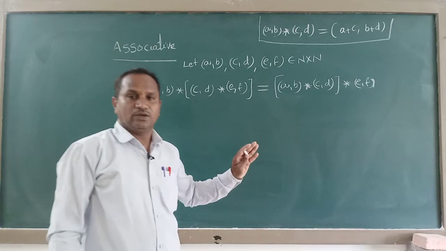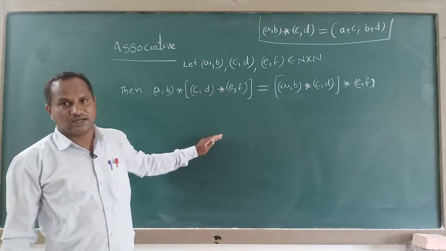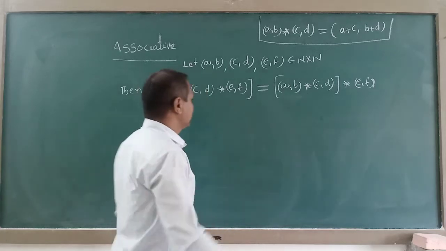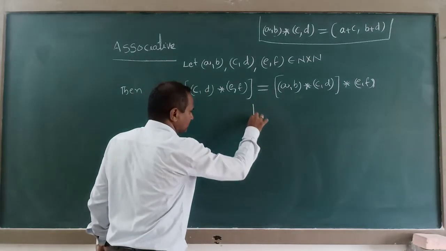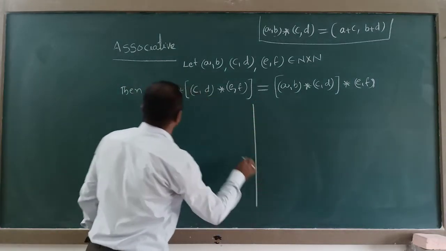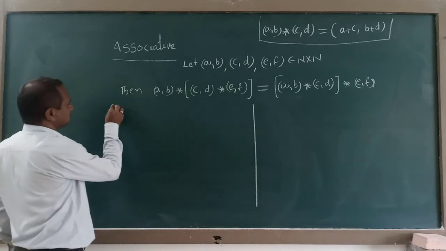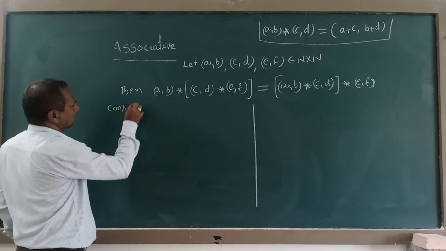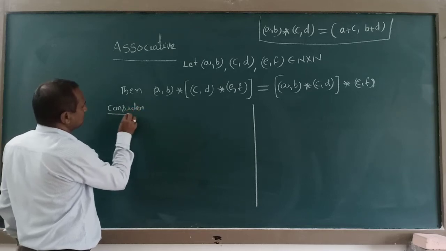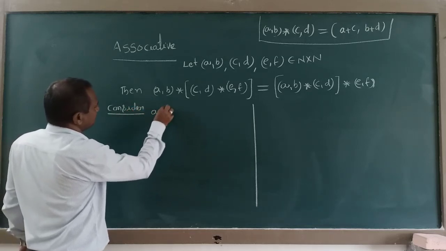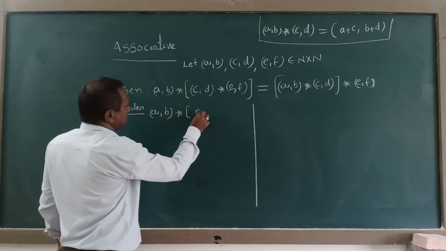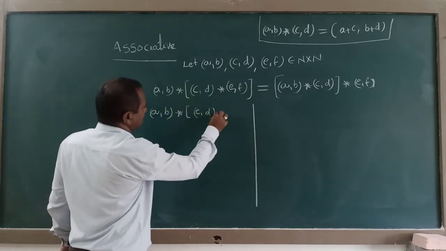First separately we have to give the answer for LHS and afterwards for the right hand side. See here, first consider (A, B) star ((C, D) star (E, F)).